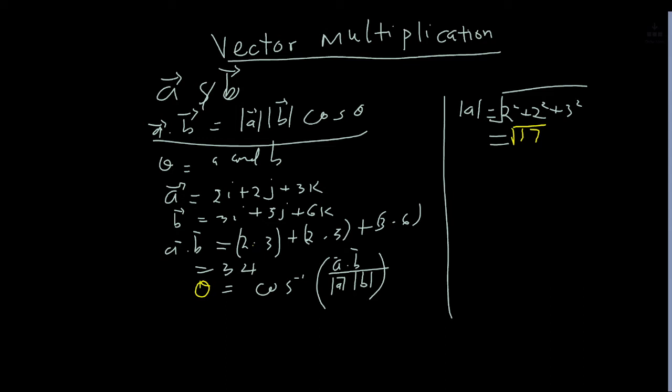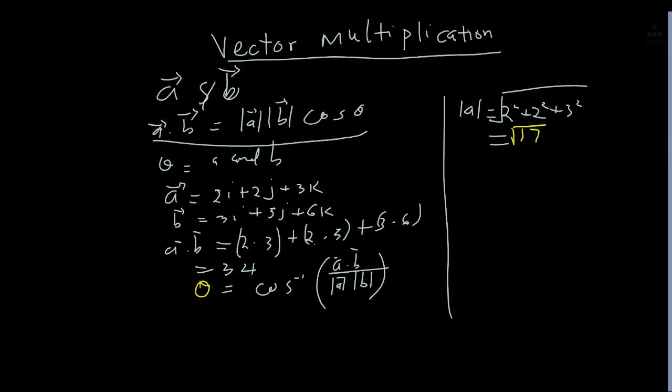When we do the calculations, 2 times 3 is 6, 2 times 5 is 10, 3 times 6 is 18, and when we add, we get 34 as the product.